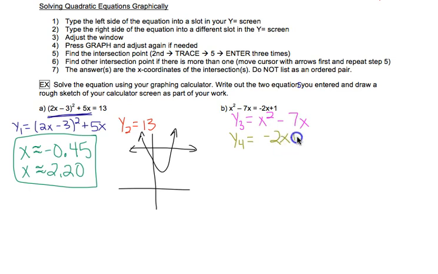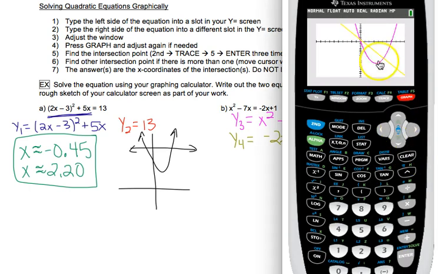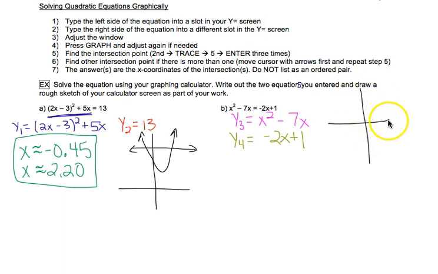And I entered negative 2x plus 1. So rough sketch. I go back and look at it. Looks like it's pretty close to the axis there. So I need this to go over further. So my parabola looks something like this. And then the line that goes through it looks something like this.